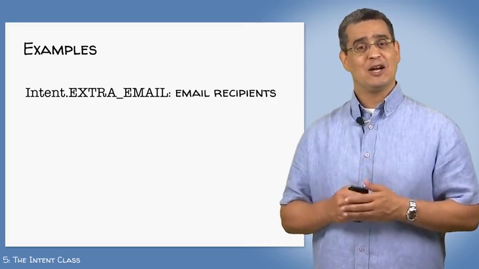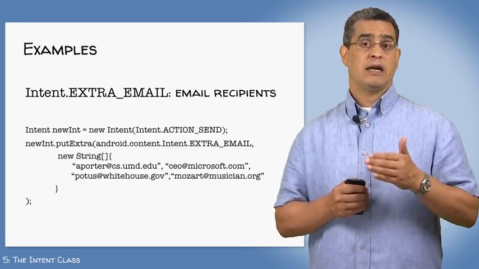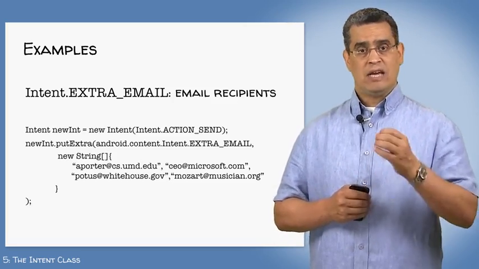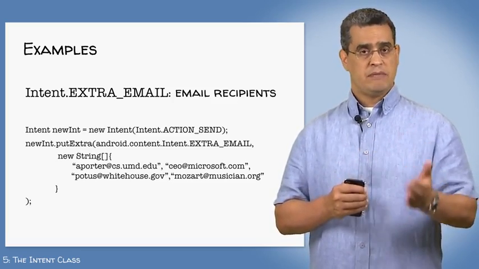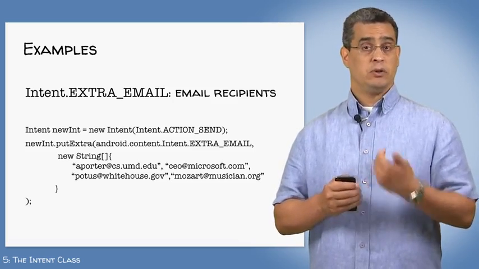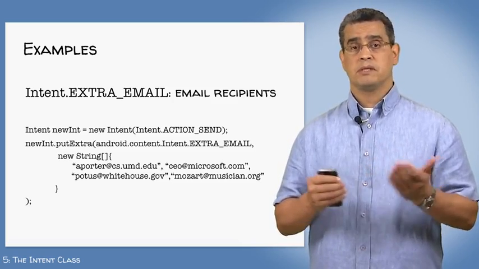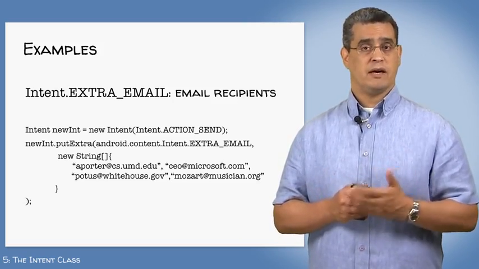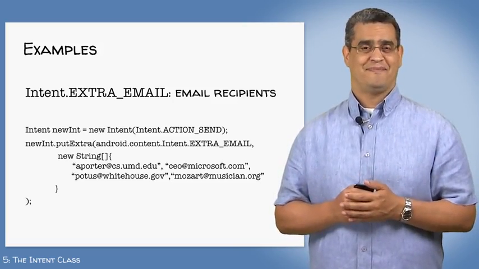Now, as you can see here, this code creates an intent with the action Intent.ACTION_SEND. So we want to send some email. It also adds an extra to that intent. The extra is named EXTRA_EMAIL, and in this case, its values include me, aporter@cs.umd.edu, CEO@microsoft.com, POTUS@whitehouse.gov, and Mozart@musician.org.